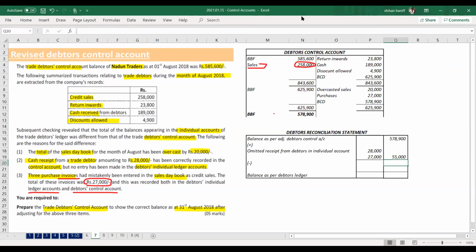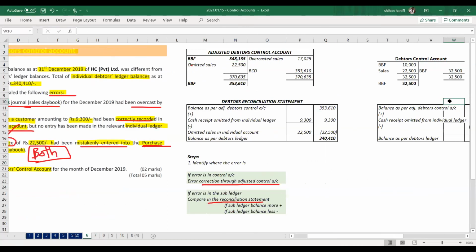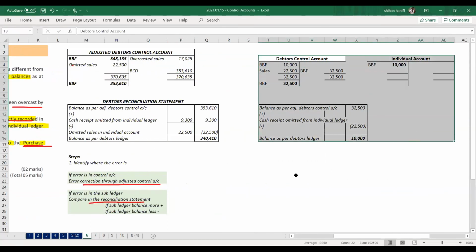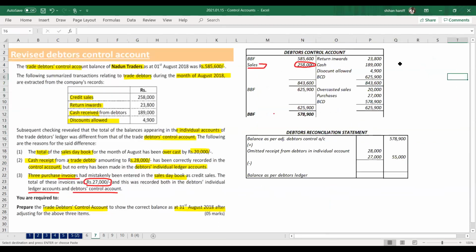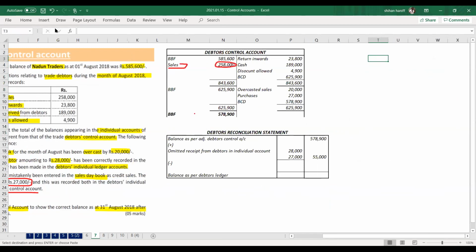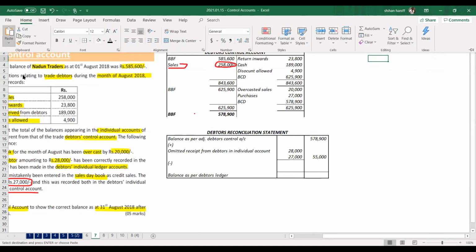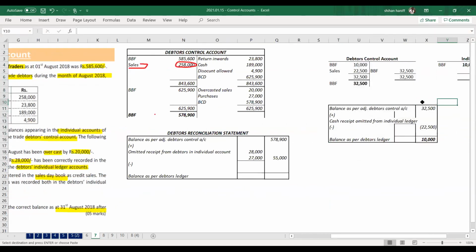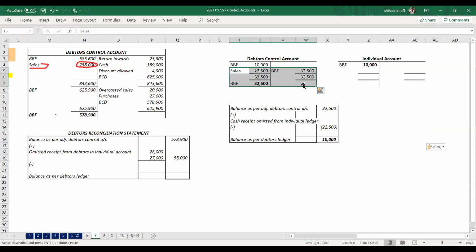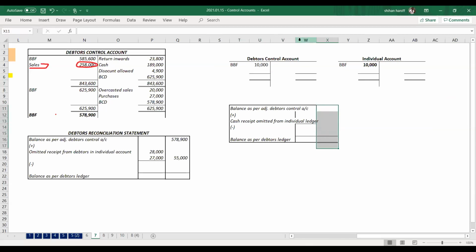Let's take this example. We assume both the balances are the same. For the 27,000 purchases, let's take it as 100,000.